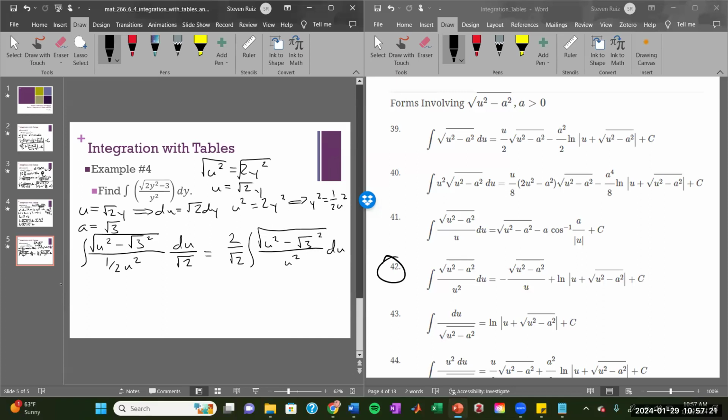Do we recognize that 2 over radical 2 is the same as radical 2? So radical 2 times what? Square root of 2y squared minus 3. And I don't think the denominator is going to be square root of 2y. Right. Oh, sorry, I was looking at the left-hand side. You're right. So the u should be radical 2y.